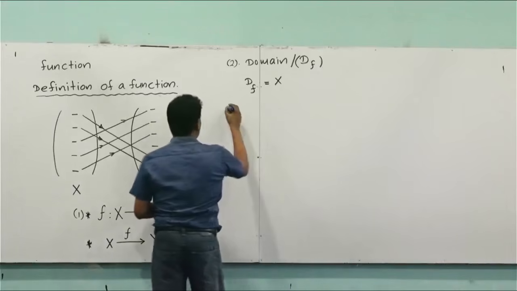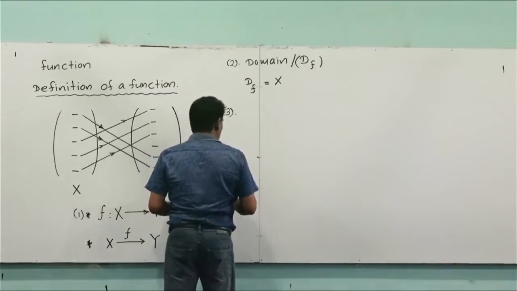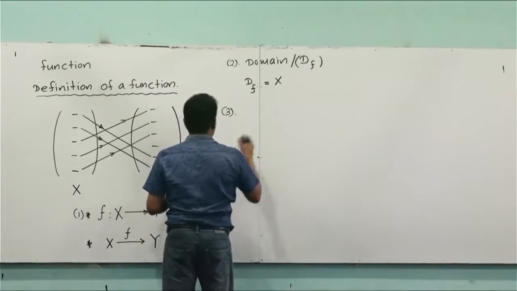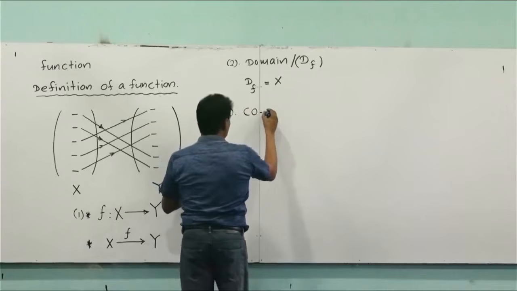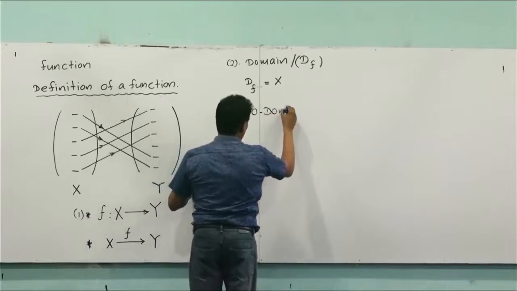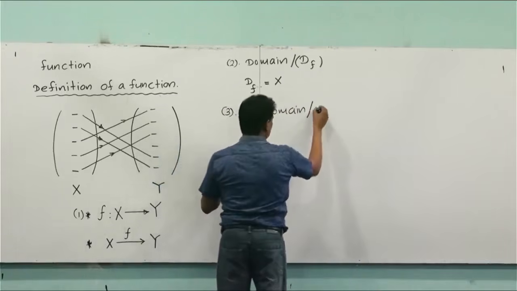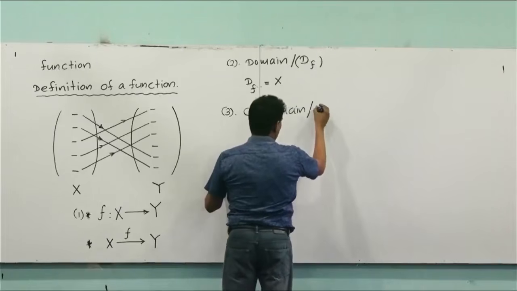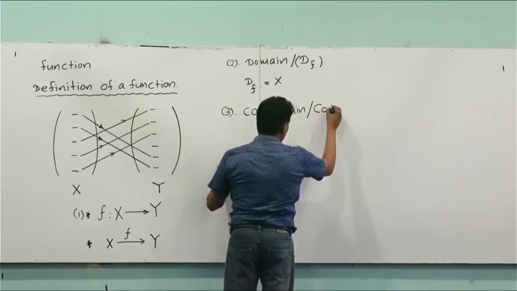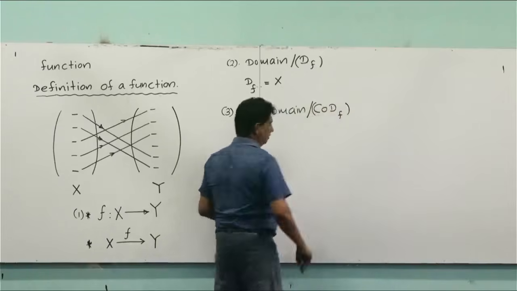Then there is another term, it is called codomain. We have to write it this way, capital C, simple o, d, f, c, o, d, f.